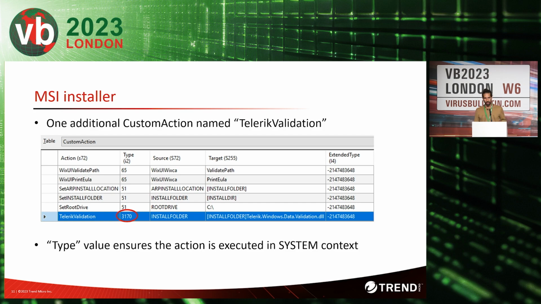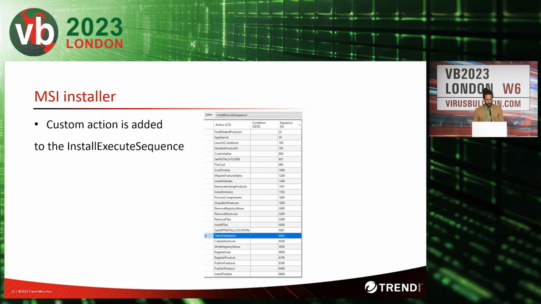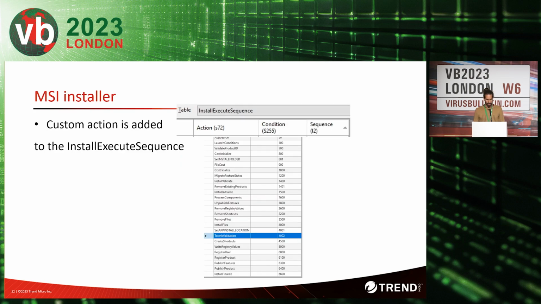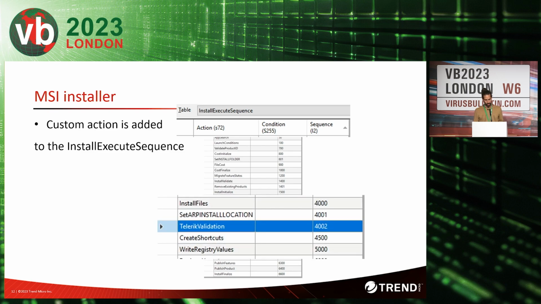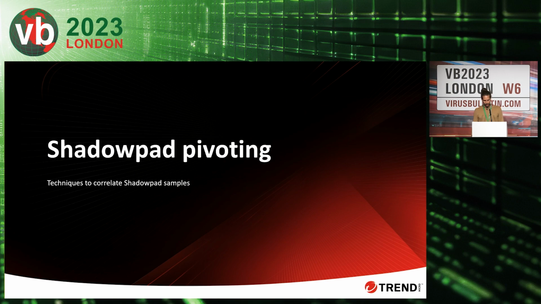So if you get a UAC prompt to enter administrative credentials, you will not be surprised because you are installing an application. So it makes sense. This custom action is added to the install execute sequence, and you can see it's right after the installation of the files, but before the creation of shortcuts and writing of registry values.